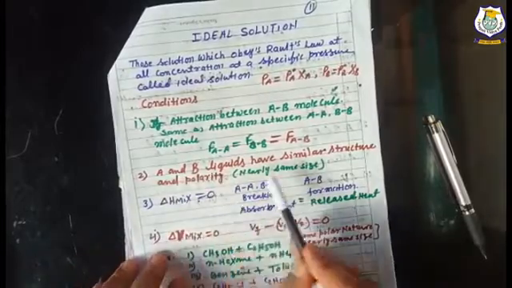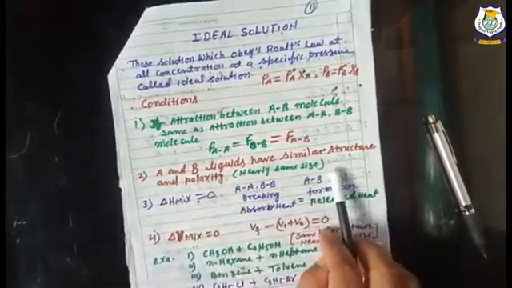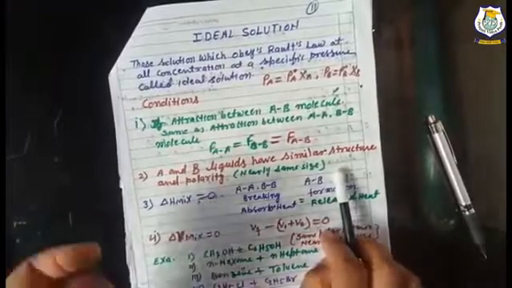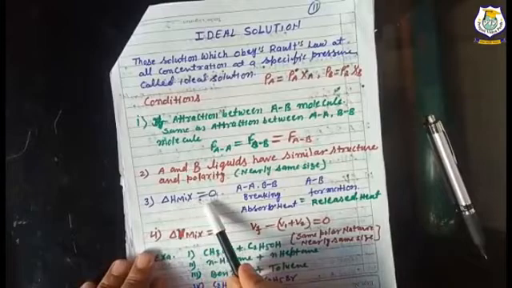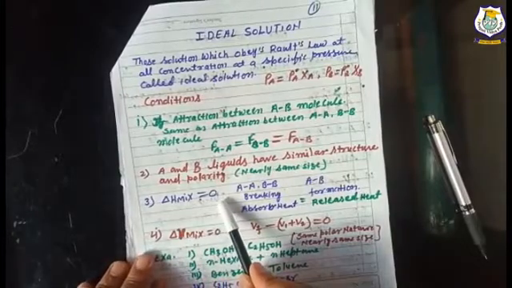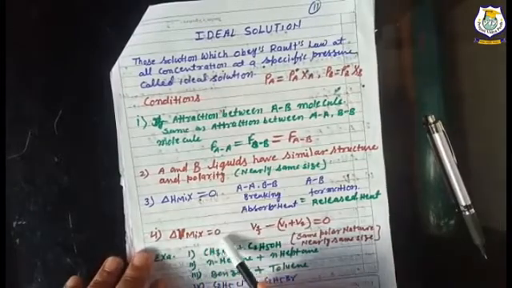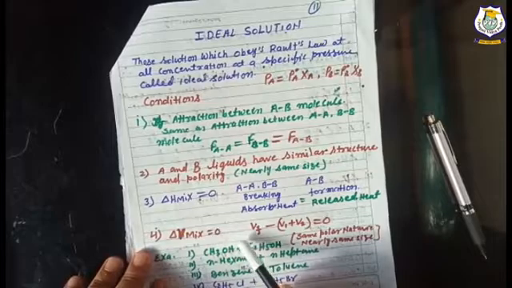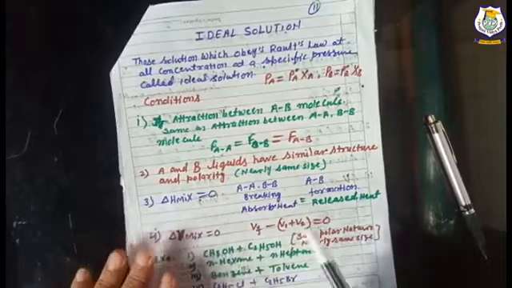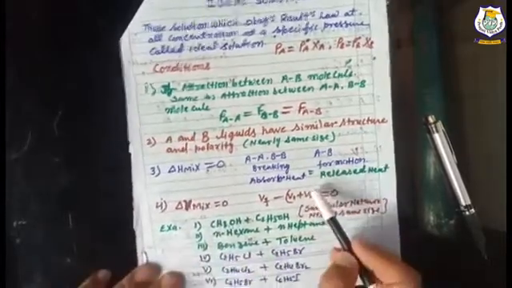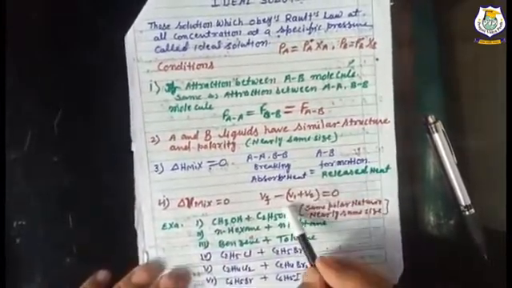A and B liquids have a similar structure and polarity, nearly the same size, and the value of delta H mixing equals 0 and delta V mixing equals 0. That means the volume is not changed. The initial volume is equal to the final volume.